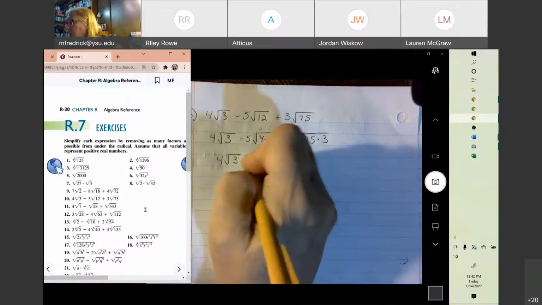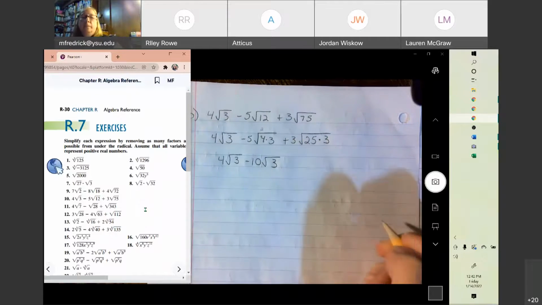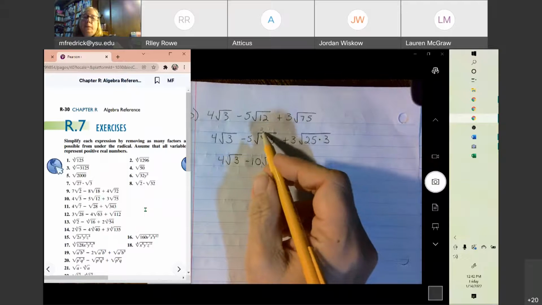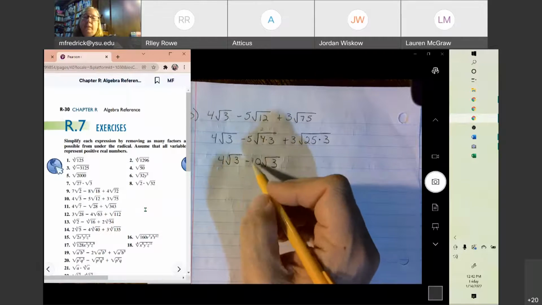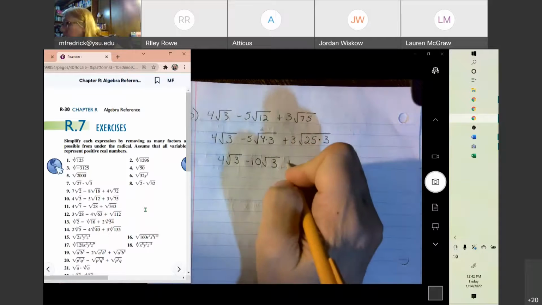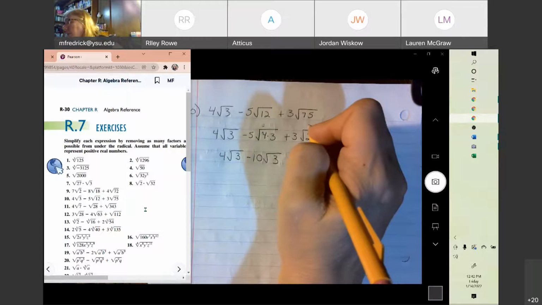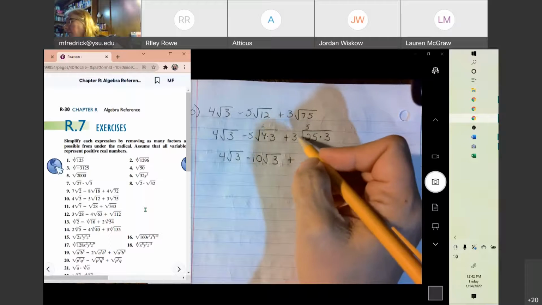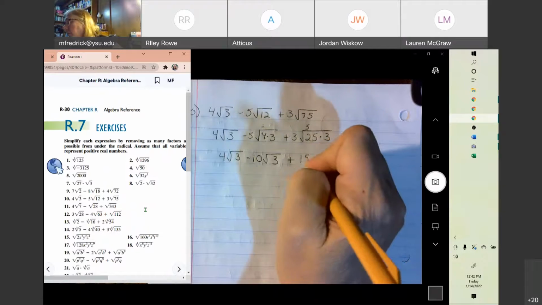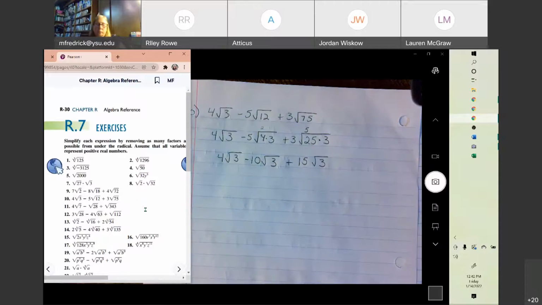And 2 times a negative 5 is a negative 10 radical 3. Same thing here. Square root of 25 is 5, and 5 times 3 is 15 radical 3. Any questions on that?